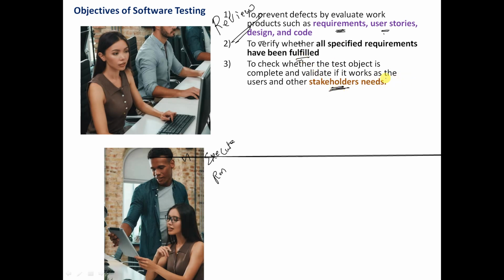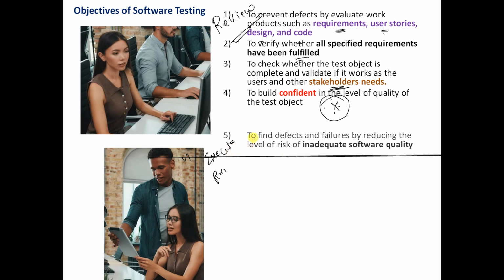Stakeholders are nothing but the end users, and all who are part of the software development life cycle are considered stakeholders, and primarily here they are talking about the user or the customer. To build confidence in the level of quality of the test object. So this is one of the main objectives of software testing. All right, so these are the four prime objectives of software testing.